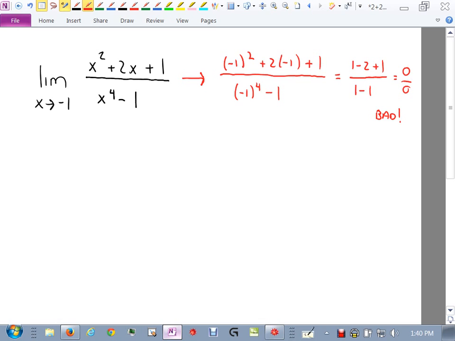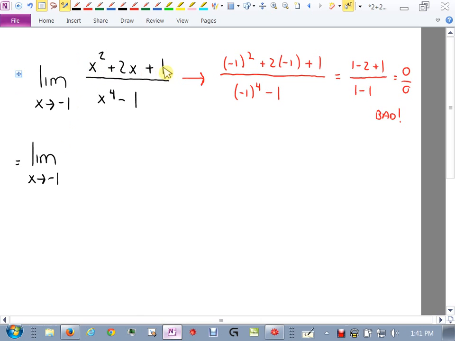And so I'm going to have to do some algebra or a trick, but I haven't shown you any tricks yet. I'm going to keep the limit because I'm not going to let x go to -1 yet. What I'm going to try and do is make the thing in the bottom not be bad, right? I need to make that thing in the bottom that's 0 somehow go away. What kind of algebra can we do on this? You see anything?